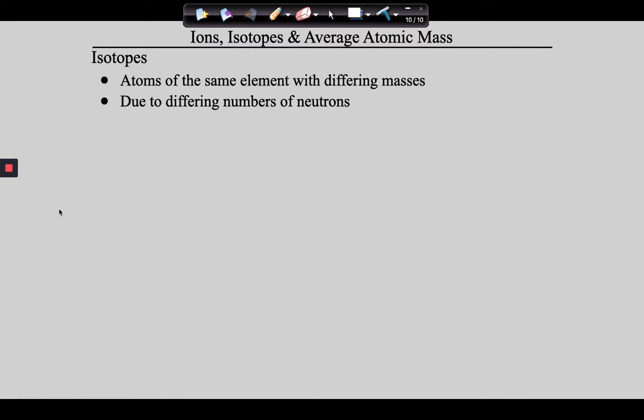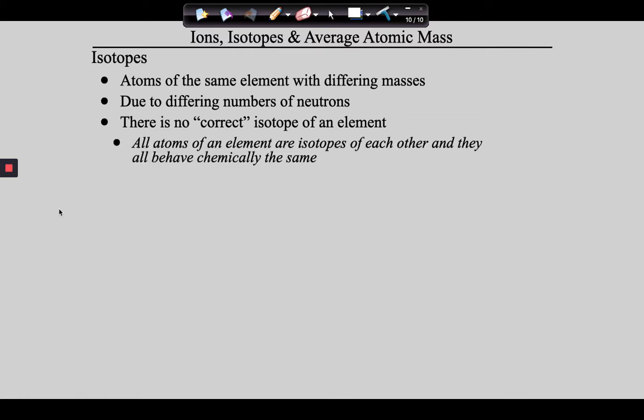It's not like carbon-12 is really carbon and carbon-11 and carbon-14 are mutants. Guys, all of these are fully carbon atoms. There is no correct isotope of an element. Instead, all of the atoms of an element are isotopes of each other, and they all behave chemically exactly the same.